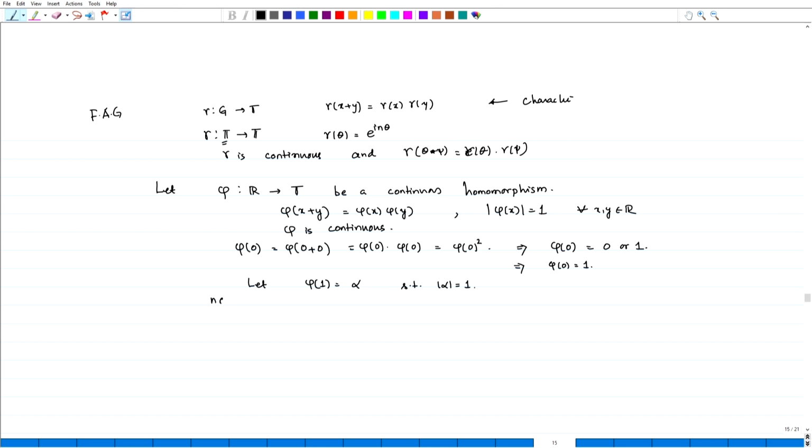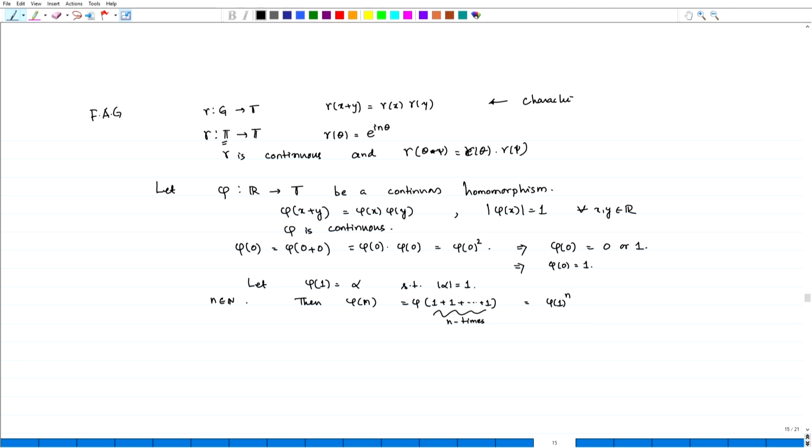Then if I take n a positive integer, phi of n is equal to phi of 1 plus 1 plus 1, n times. So, this is nothing but phi of 1 times phi of 1 times phi of 1, n times, which is equal to phi 1 to the power n, where phi 1 is some number on the circle.